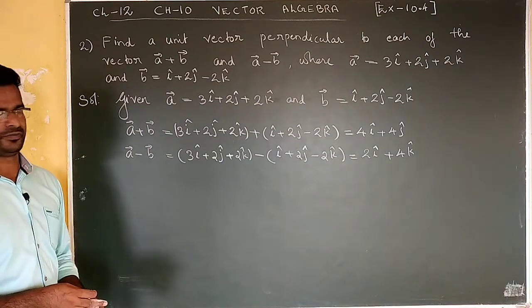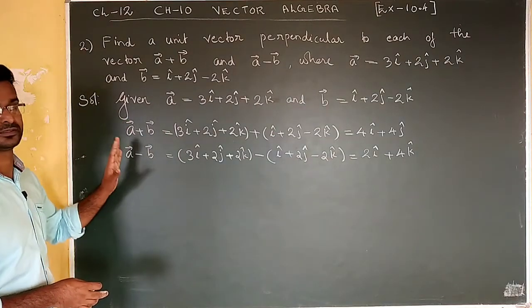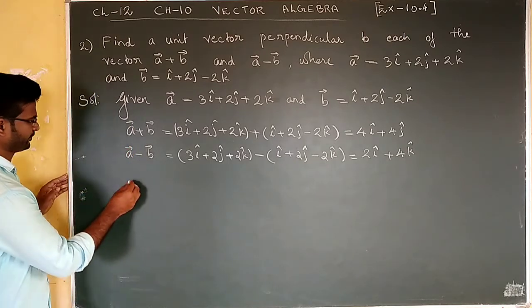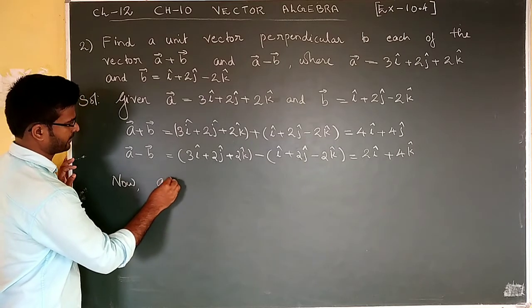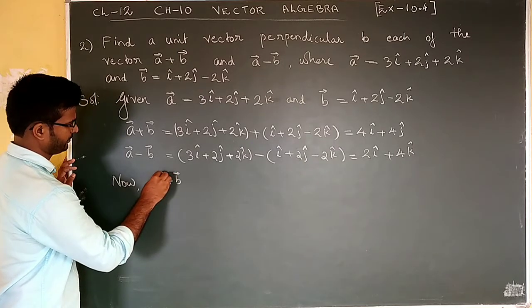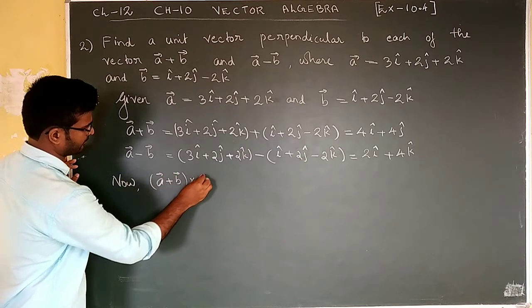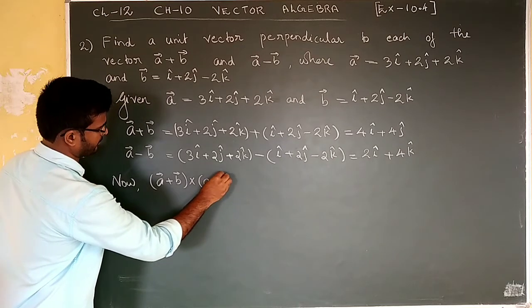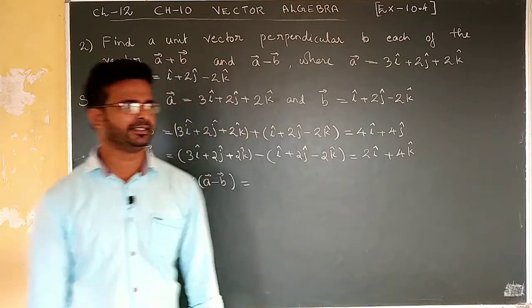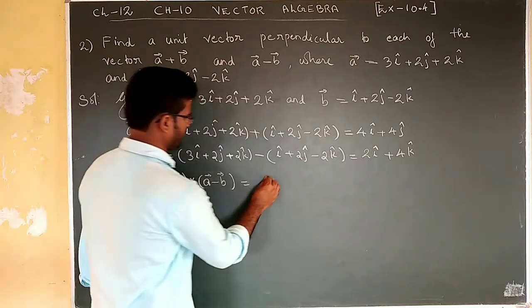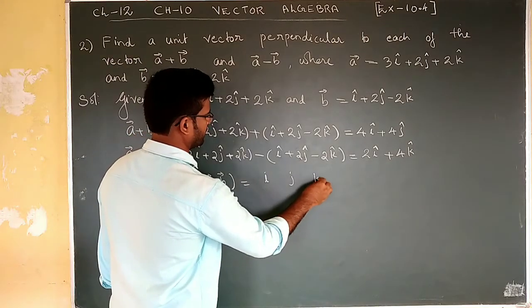We need a perpendicular vector of these two vectors, isn't it? So we will find out the cross product, A plus B cross A minus B equal to, which method will we use? We will use the determinant method, i, j, k.